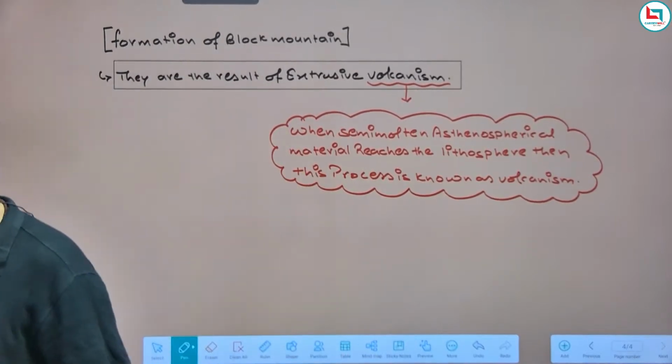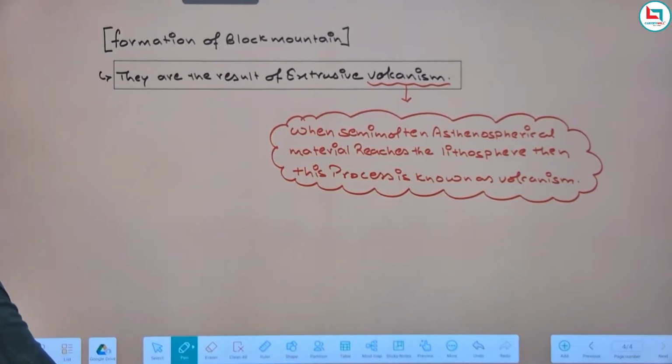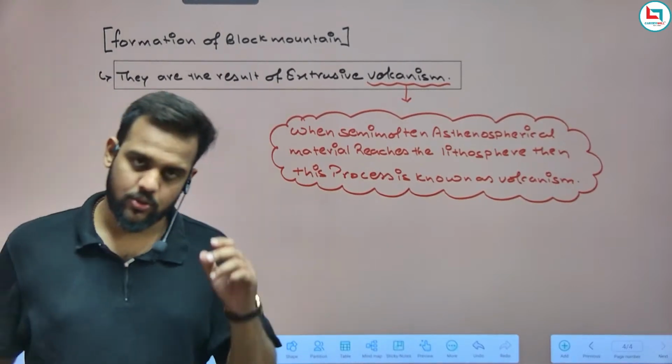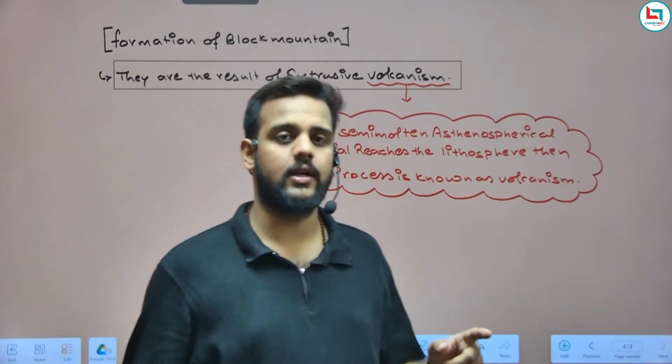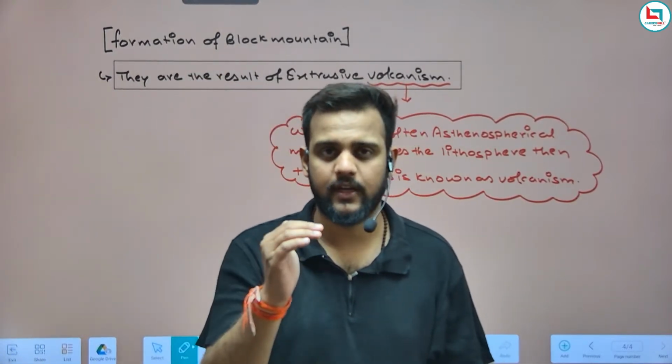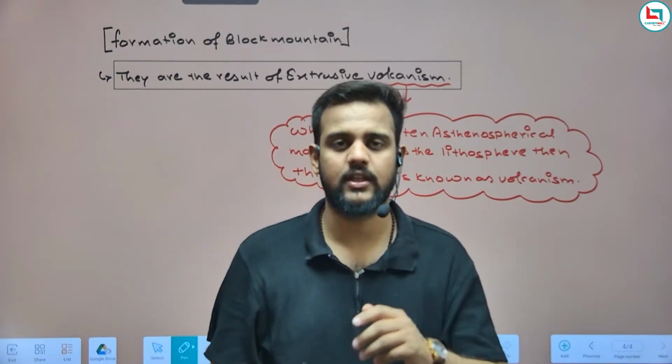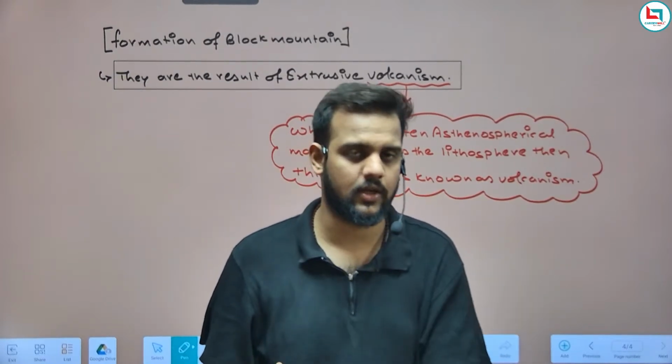As you people know, we have talked about the interior of the earth, and in that case we talked about a lot of things, like what the lithosphere is and what the asthenosphere is. So at that point, when semi-molten asthenospherical material reaches the lithosphere, then this process is known as volcanism.